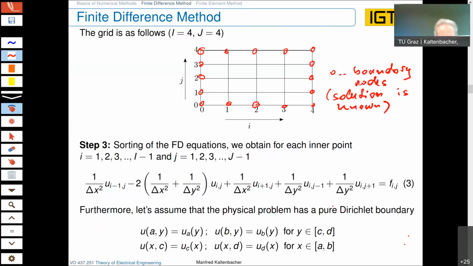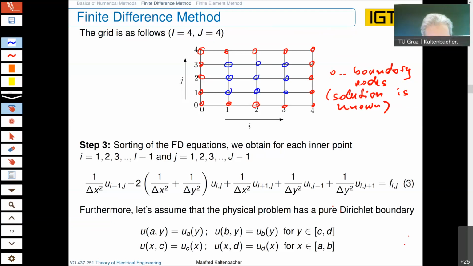Okay, so on the other hand, this means that the blue ones are the unknowns. We don't know them. And as we see, according to our computational mesh, these are 3 by 3, meaning 9 unknowns in this very small computational mesh.